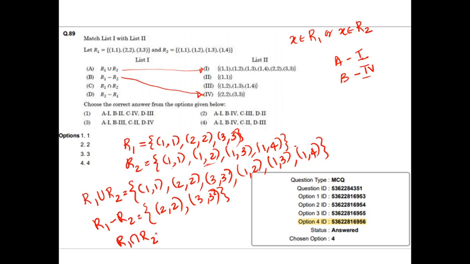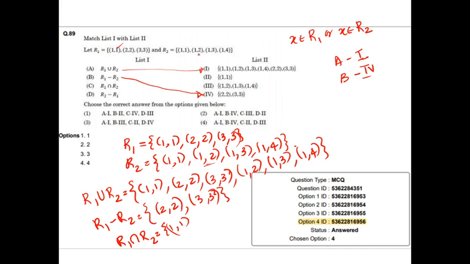What about the third one, R1 intersection R2? Here the element should belong to both R1 and R2. Take (1,1). It is present in both R1 and R2, so you can write (1,1). (2,2) is present in R1 but not in R2, so we cannot include it. (3,3) is present in R1 but not in R2.